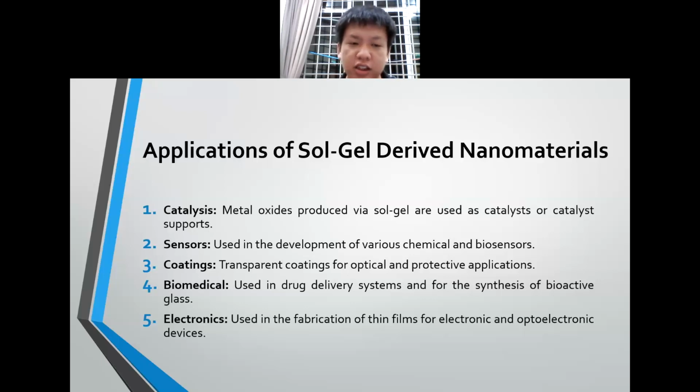And then in coating, transparent coatings for optical and protective applications. It is also used in drug delivery systems and for the synthesis of bioactive glass. And then in the electronic aspect, used in the application of thin films for electronic and optoelectronic devices.